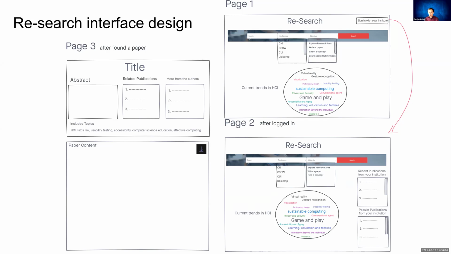So I want to throw out that you've got a lot of great concepts in here. I like that the paper content is easily accessible: recent publications, more from the authors. This is really a good way to help people explore a space.